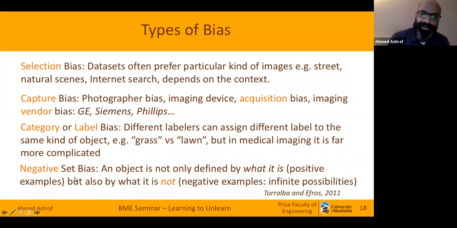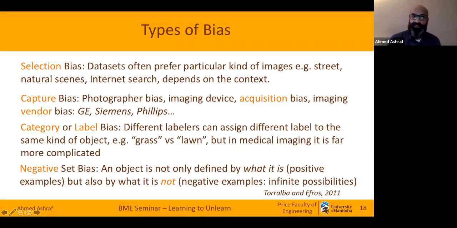Another very tricky kind of bias is the so-called negative set bias. And it is very tricky for the following reason. If I want to build a car detector, of course, I want to have access to examples of car images, but I also need to have examples of what is not a car. And for that, anything is game. So anything that is not a car is basically not a car.